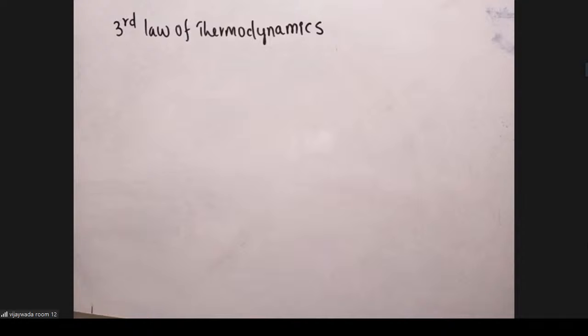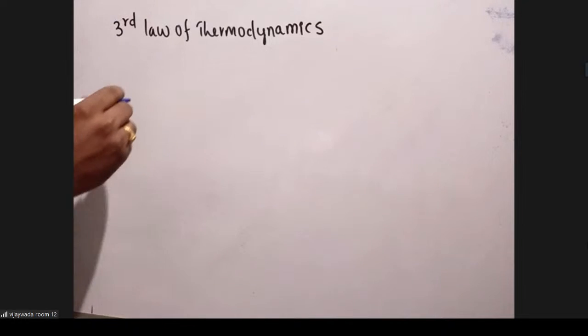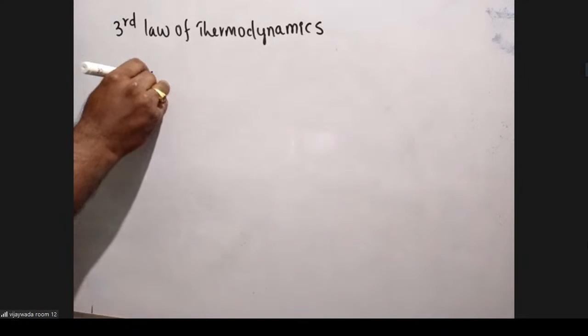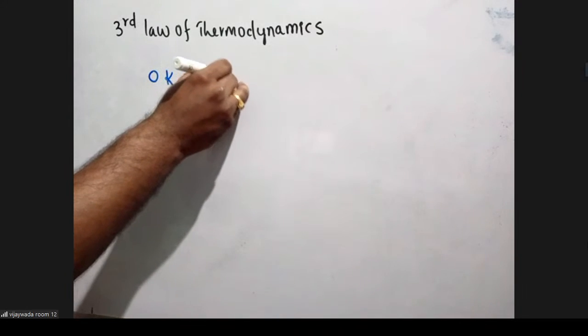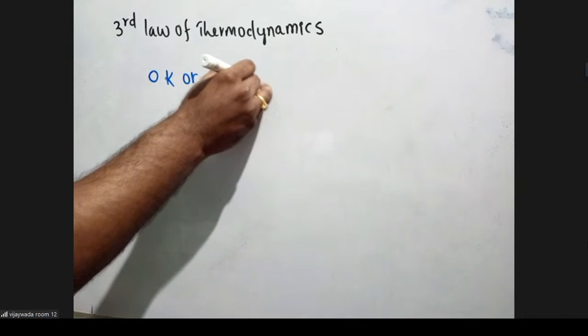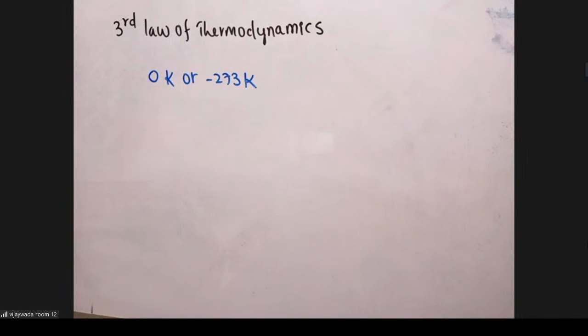What is the third law of thermodynamics? Students, at 0 Kelvin or minus 273 degrees, it is called absolute zero temperature.